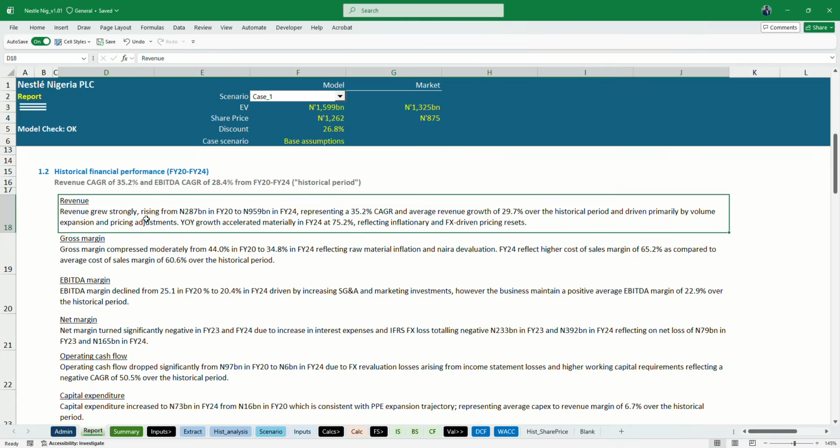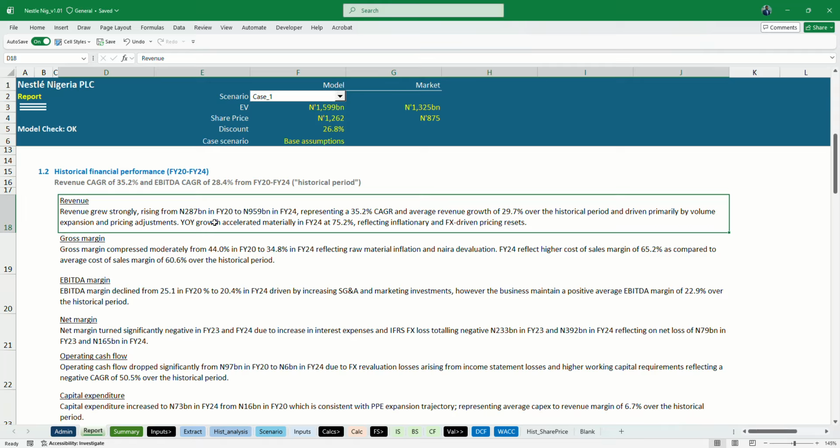So for example, revenue grew, rising from 287 billion in 2020 to 595 billion in FY 2024, representing a compound annual growth rate of 35.2% and average revenue growth of 27.7% over the historical period, driven primarily by volume expansion and pricing adjustments.